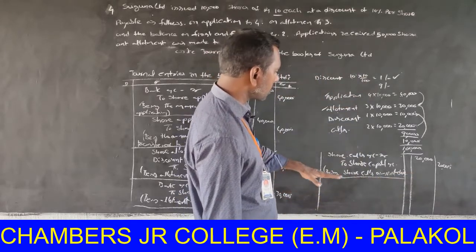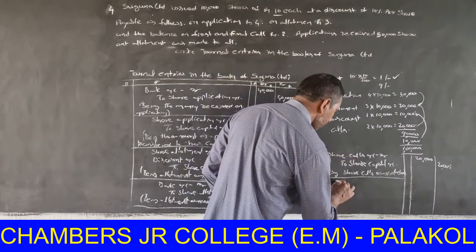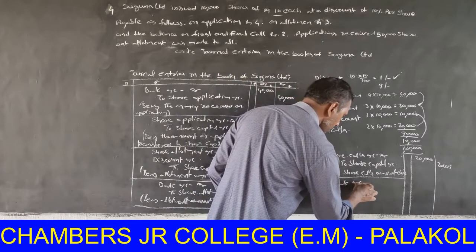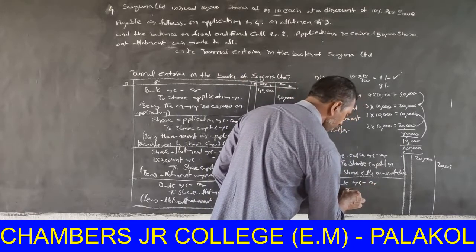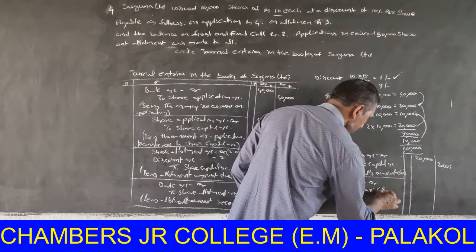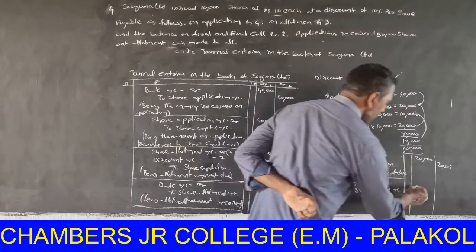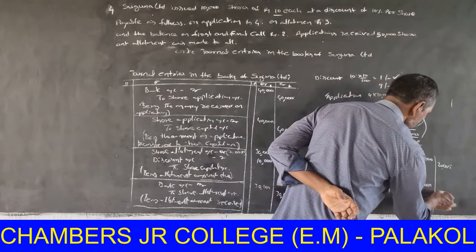Now for collection of calls amount, the journal entry is bank account debit to share calls account. Share calls account, same amount 20,000.